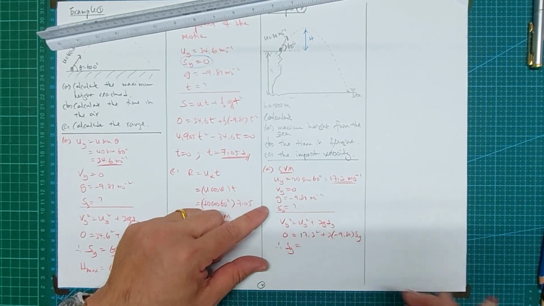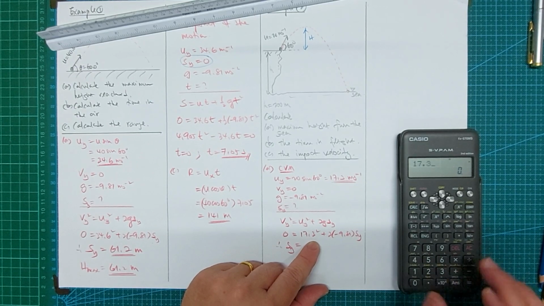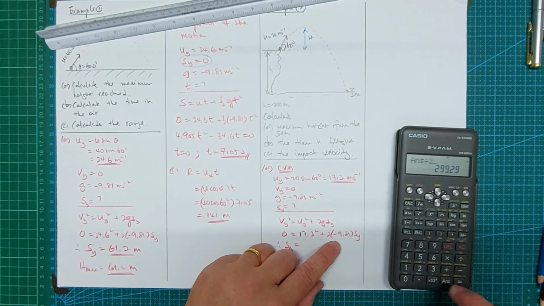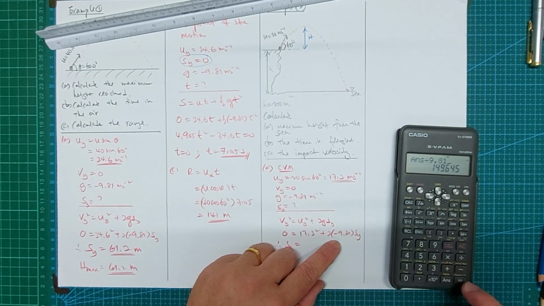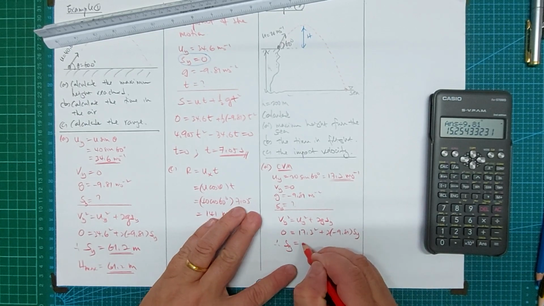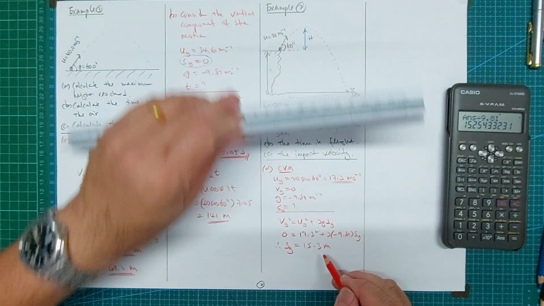So we want to know what our Sy is here. We have 17.3 squared divided by 2 divided by 9.81, we get 15.3 meter.